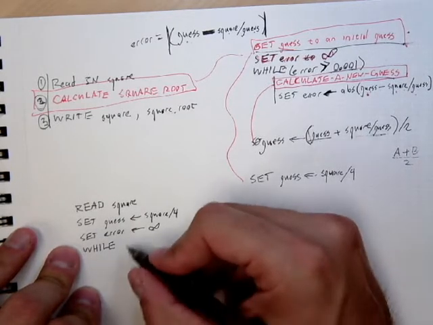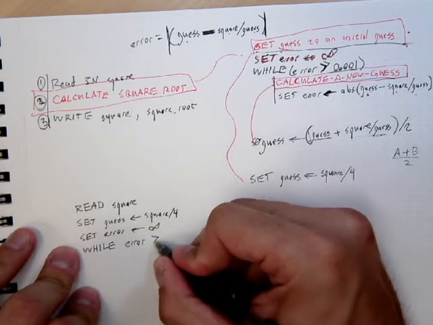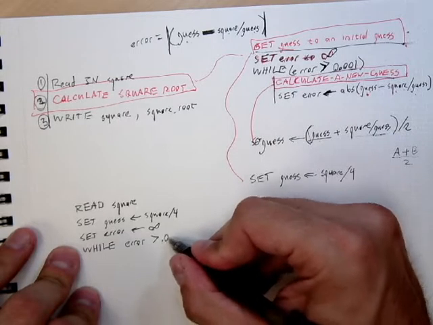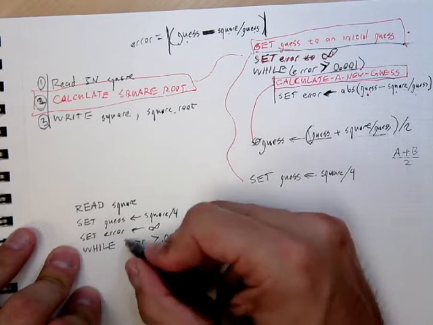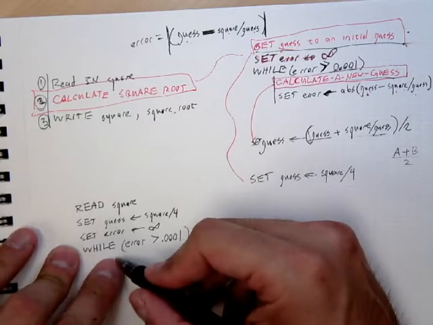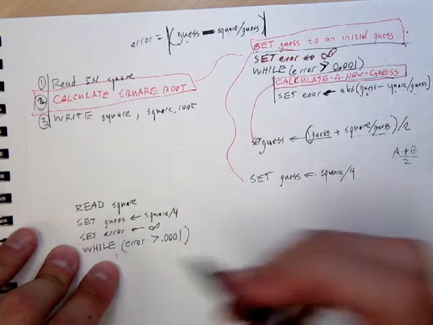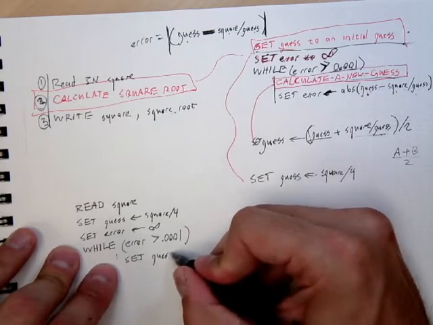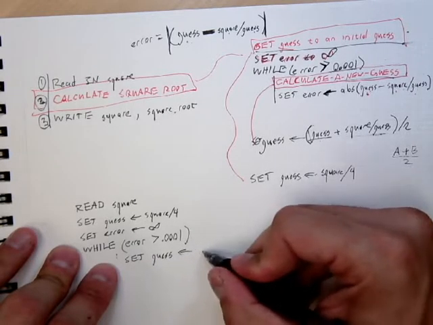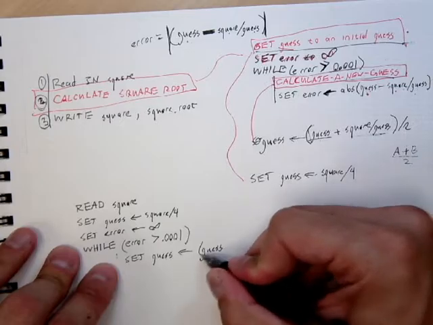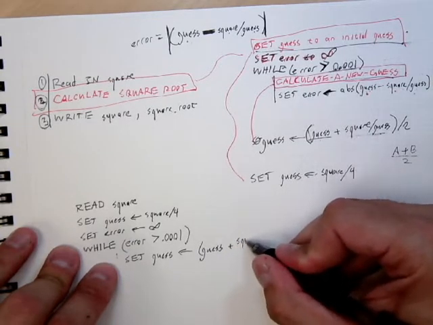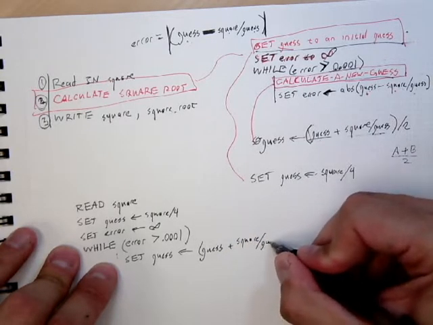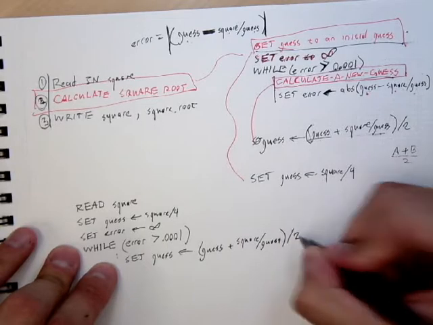So while the error is greater than our tolerance, we're going to calculate a new guess. So in order to calculate a new guess, we set guess to guess plus square divided by guess, divided by 2.